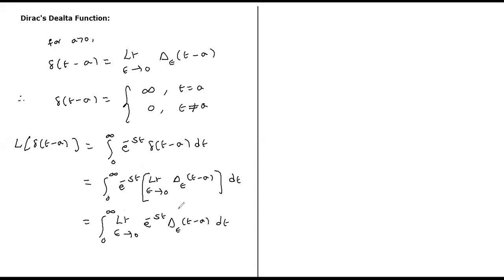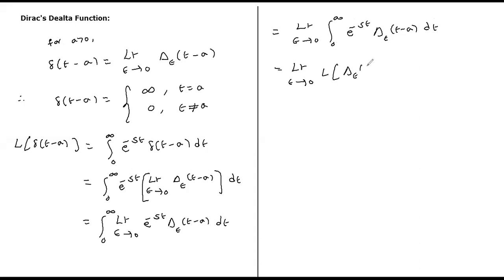dt. Now what I'm going to do is interchange this integral and limit. I'm going to take this limit outside. So limit epsilon tending to 0, 0 to infinity e power minus st delta epsilon of t minus a dt. Can you identify this integral? This is the Laplace of delta epsilon of t minus a.